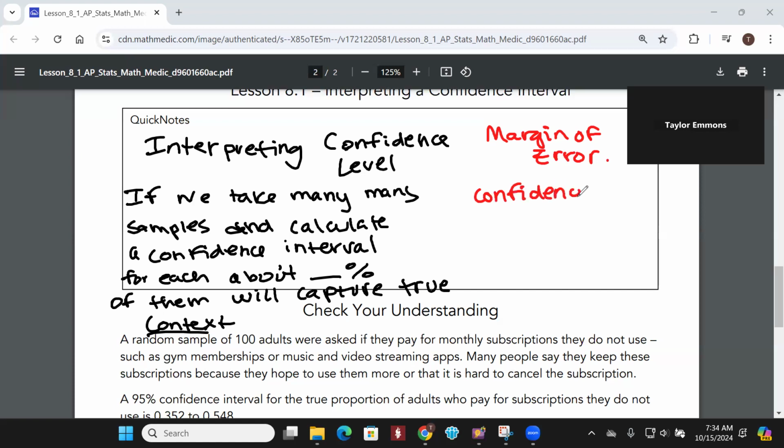So when your confidence level goes up, your margin of error also goes up. Okay, so when we did our proportion, we said 10%, right? We covered a wider interval.